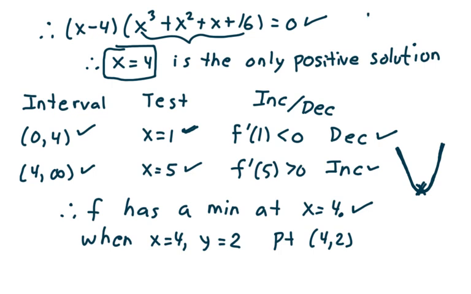And remember, our constraint is xy equals 8. And so over here, I'm going to replace x with 4 and solve for y. When I solve for y, I get y equal 2. Okay? And the ordered pair (4, 2) will produce that minimum distance.